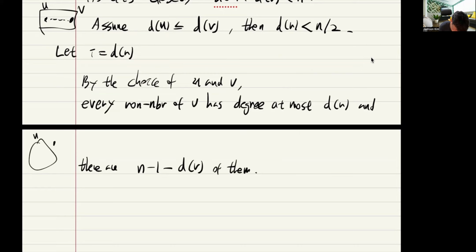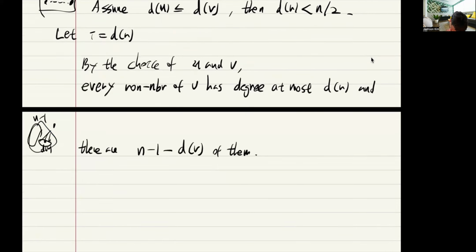Except v, there are n minus 1 vertices. There are d(v) many neighbors, and the rest of them are all non-neighbors. This also counts u as well.